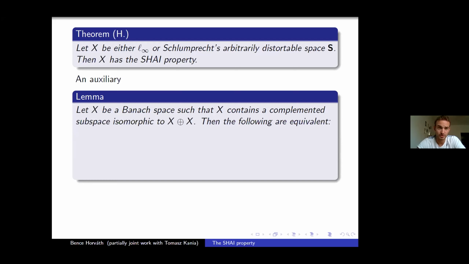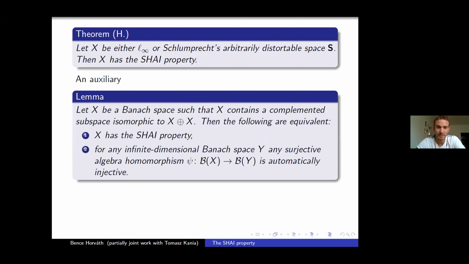Let me mention, before I get to the sketch proof of this theorem, why something is helpful. If X is a Banach space that has a complemented subspace which is isomorphic to X squared, then having the Psi property is the same as only considering infinite dimensional Banach spaces in the description of the Psi property.